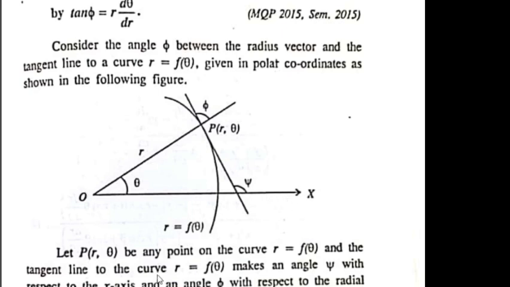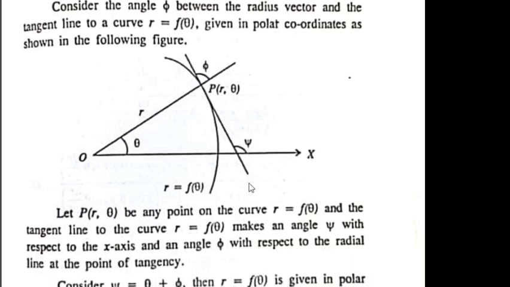Now take the tangent at this point P to the given curve r is equal to f of theta. Let psi be the angle made by this tangent with the x-axis. So psi is the exterior angle.